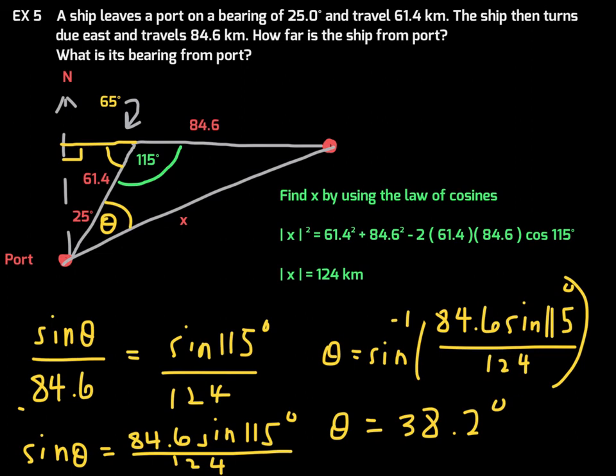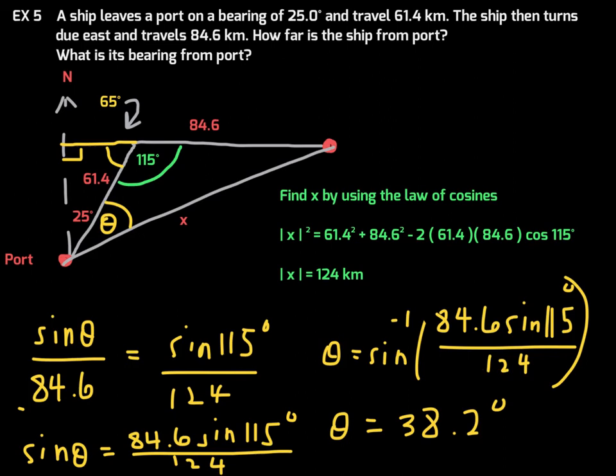Now, honestly, our answer's a little off here because we used an approximation in our calculation. I think this really is like 38.3 degrees, but in order to get 38.3 degrees, we would have to use all of this for that denominator. But let's just leave it like that.